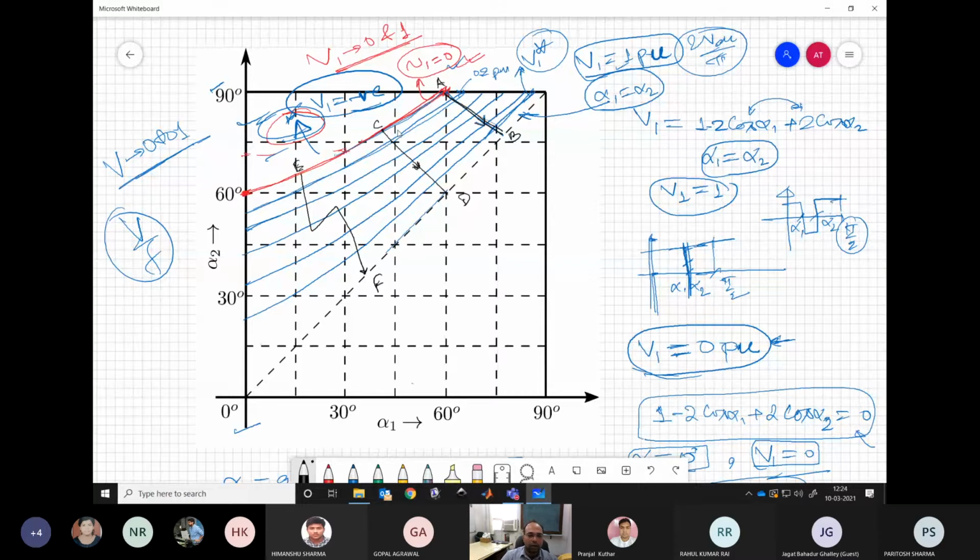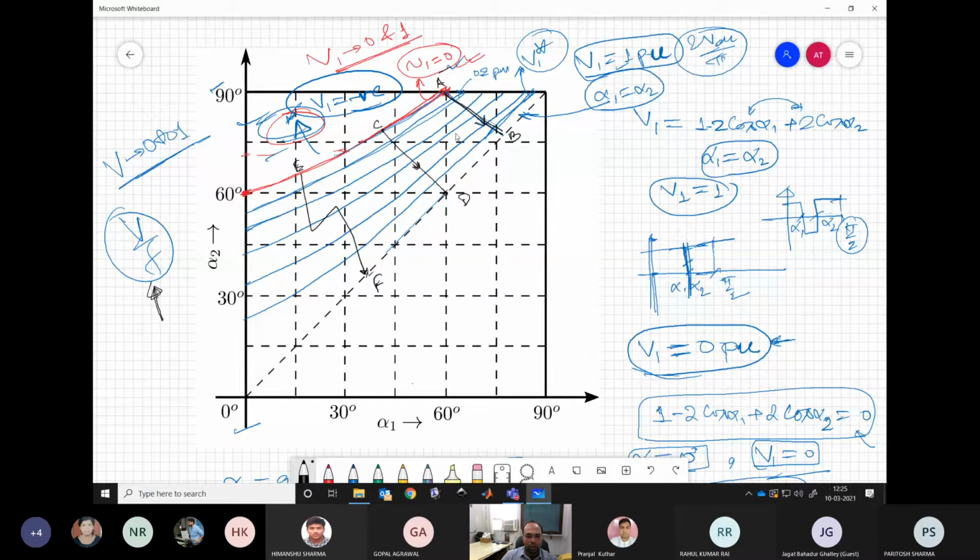These all could be a PWM technique, which means you are having some value of alpha 1, alpha 2, and it is giving you a value of 0 per unit for the fundamental. From there you are starting the motor, which is a good point to start, and then gradually you are moving towards the final value, V equal to 1 per unit, while maintaining V by F, which means your frequency is also increasing in the same fashion.